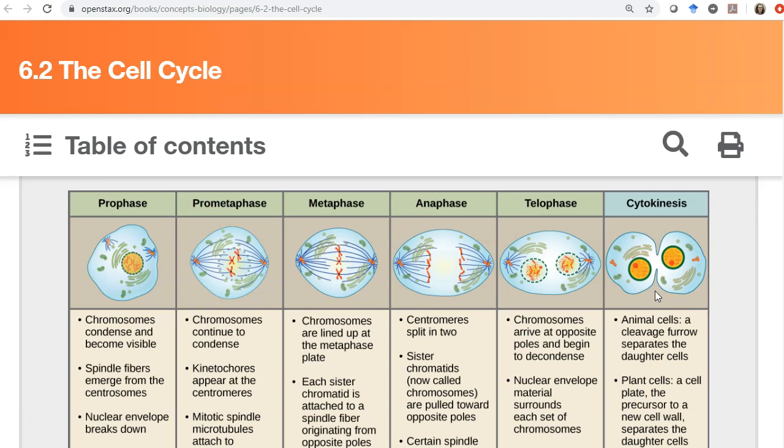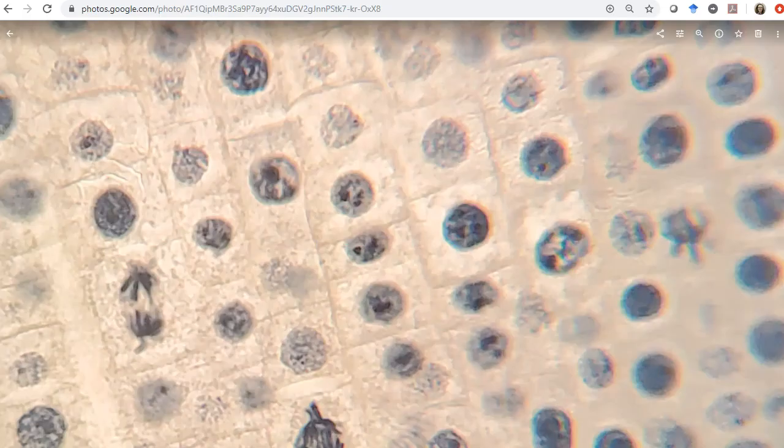Other cells don't regenerate, like most of your neurons in your brain are not regenerative, but the neurons in the hippocampus are. That's why we're able to learn continuously throughout life. So that's mitosis.